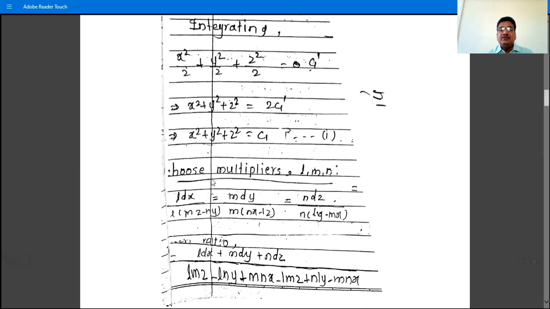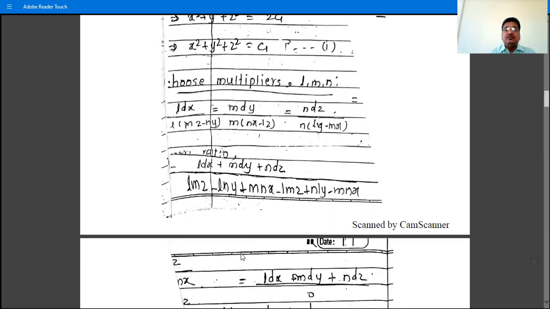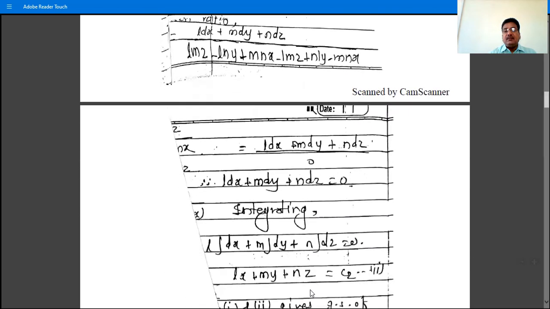Then again choose the multipliers L, M, N. So L dx plus m dy plus n dz, each ratio is equal to, don't write this step, directly write that each ratio is equal to, and the answer of the denominator is equal to 0. Therefore L dx plus m dy plus n dz is equal to 0.